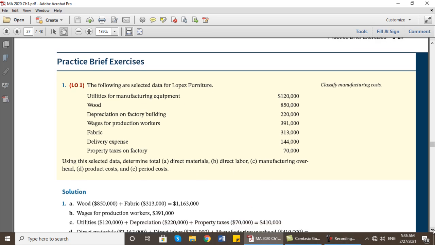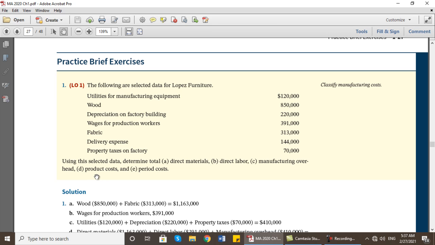Manufacturing overhead, utilities for manufacturing equipment, is manufacturing overhead 120,000, plus depreciation on factory building, plus property tax 70,000. Here's the total.